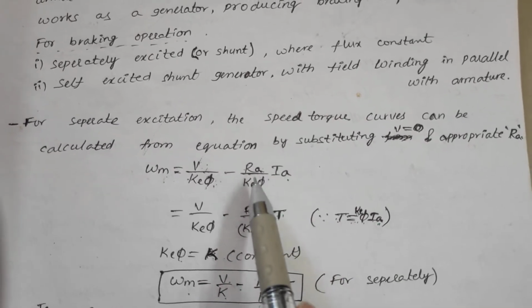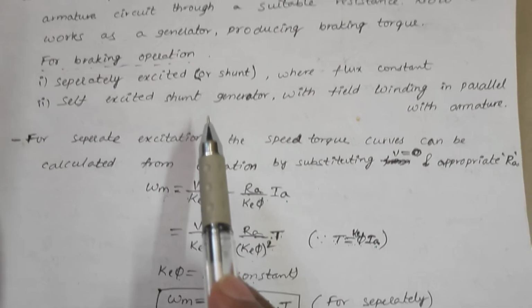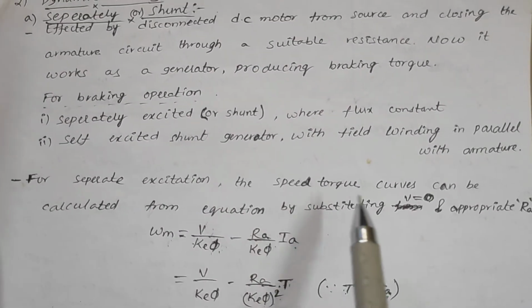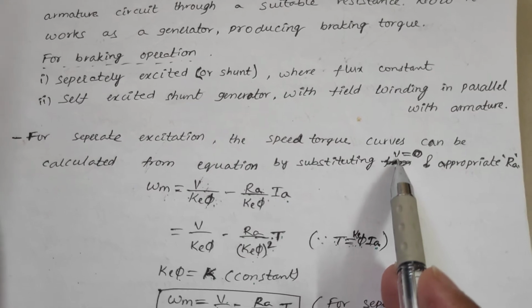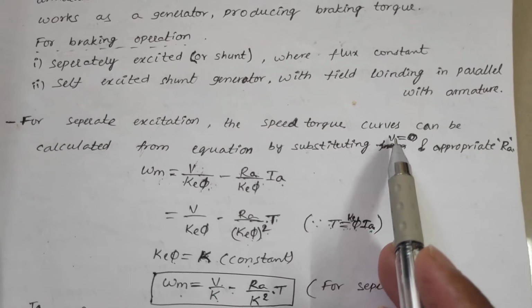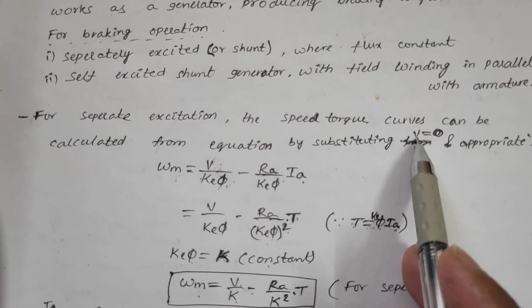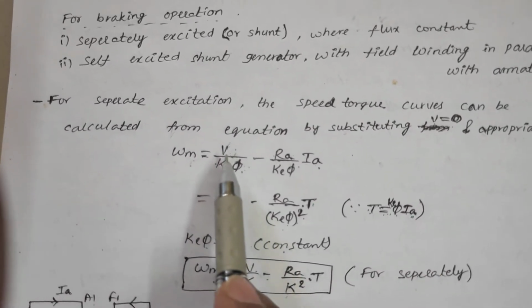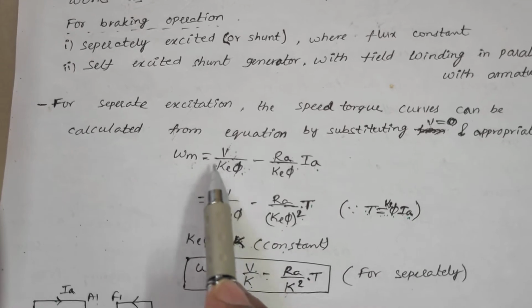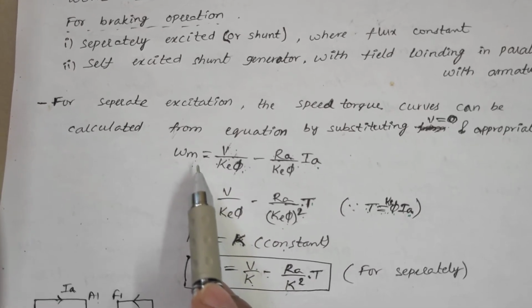What we are doing during the dynamic braking is replacing the supply voltage source with the resistance. That means we are making the voltage source V equal to 0. If we substitute V equal to 0, you will get the corresponding speed.